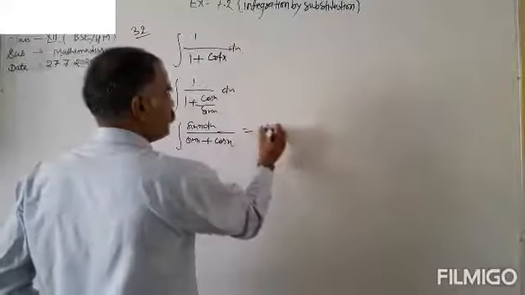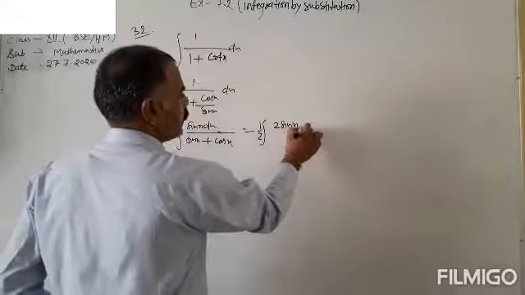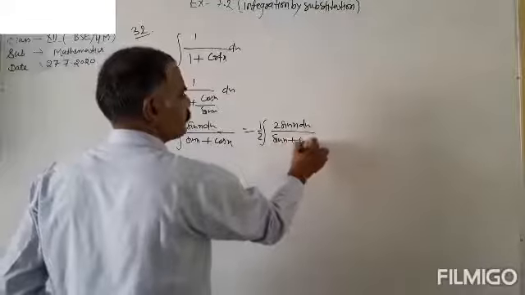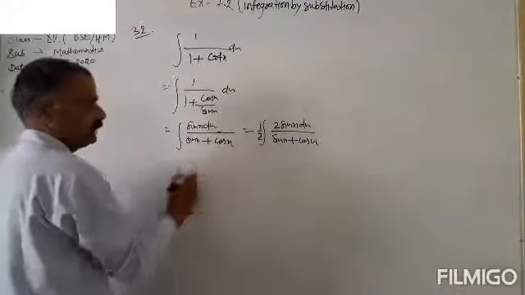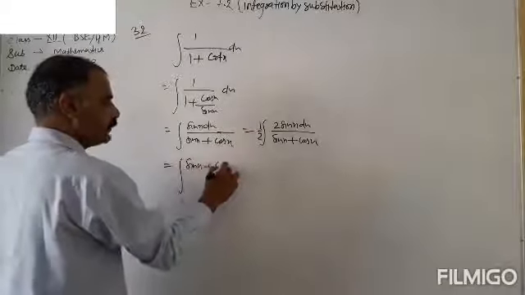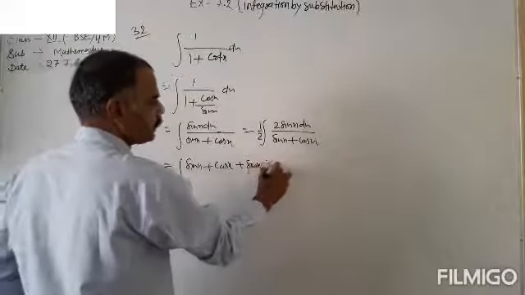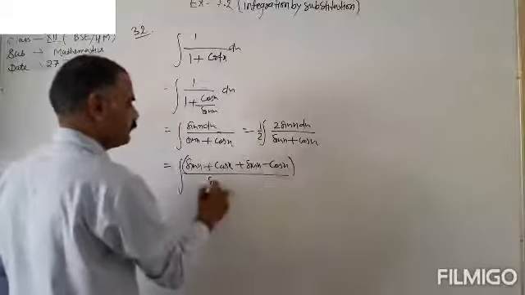So this is equal to divide by 2 and multiply by 2, sin x dx divided by (sin x plus cos x). So this is equal to sin x, adding cos x and subtracting cos x, upon sin x plus cos x.